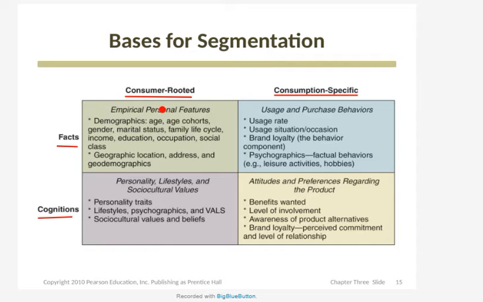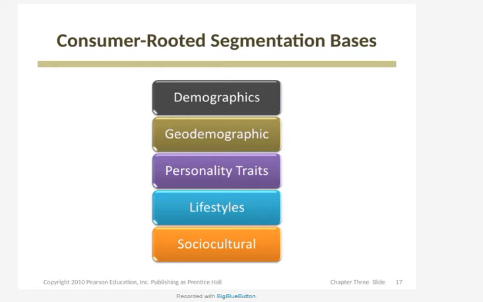We said it includes demographic and geographic in the facts, and personality traits, lifestyle, psychographics and social cultural values in the cognitions. So we have these facts, and these personality traits, lifestyle and social cultural values are cognitions. This is the first group, which we called the consumer rooted group, consumer rooted segmentation basis.